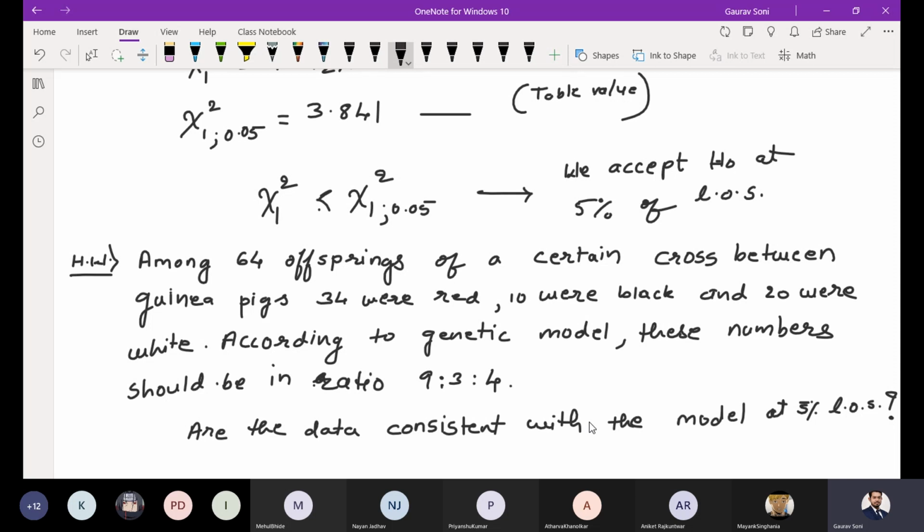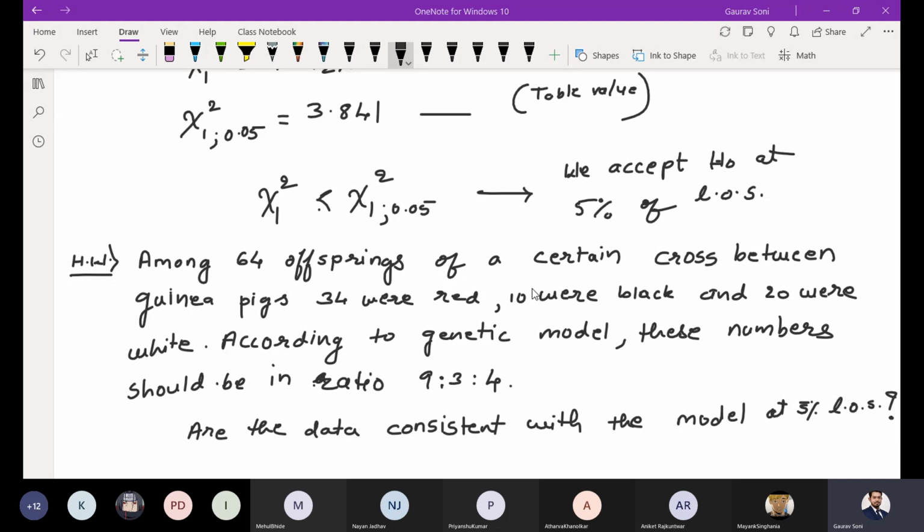So here there is no probability distribution given, okay? What you are looking at is, corresponding to that genetic model, we are given the ratios. The observed frequency for the red pigs is 34, 10 black and 20 white.